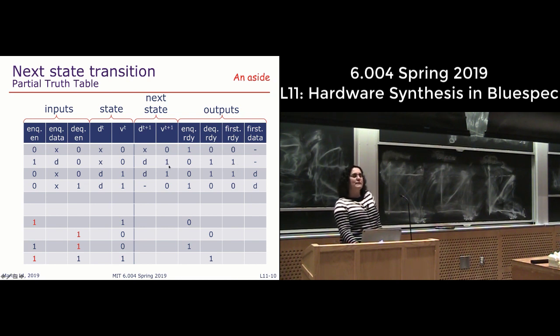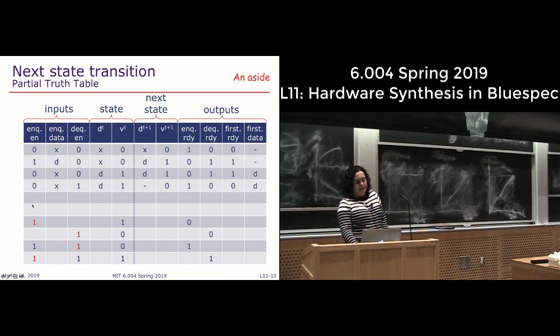So once I put something into my FIFO, I'm no longer ready to NQ something because I already have something in my one element FIFO, okay? And so my NQ ready is 0, but my DQ and my first ready are 1 because now that I have a valid element in my FIFO, I can go ahead and both read it as well as DQ it.